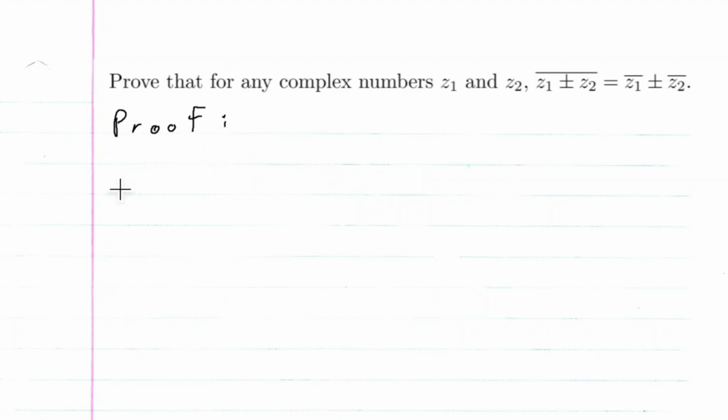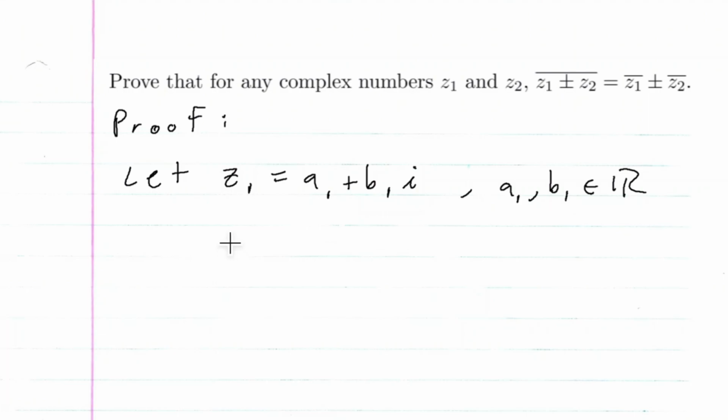Okay, so since z1 and z2 are complex numbers, let's go ahead and write let z1 be equal to a1 plus b1i, where a1 and b1 are real numbers. And we'll let z2 be equal to a2 plus b2i, where a2 and b2 are real numbers, right?